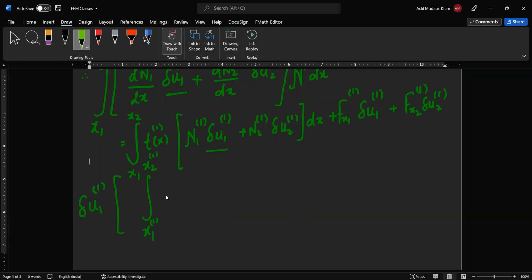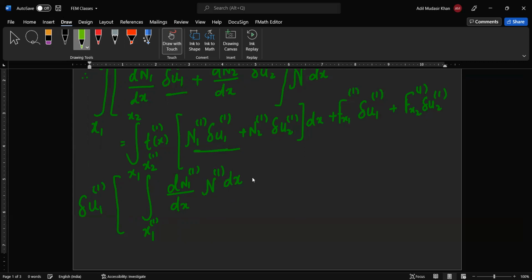So we'll have dn1 by dx for element 1, minus the integral going from x1 to x2, multiplied also with n, so it is n eta for element 1 d of x.